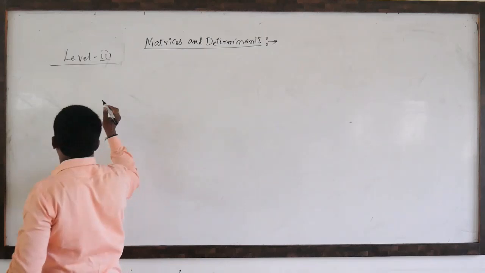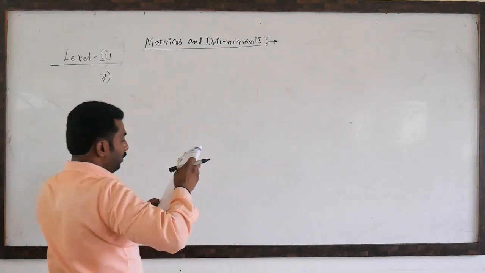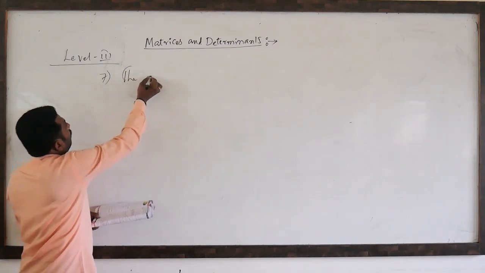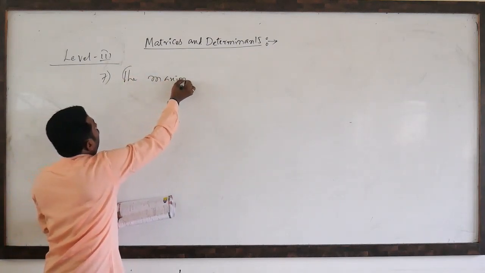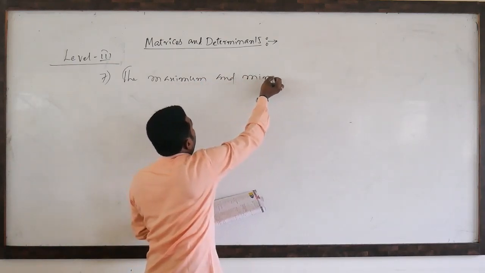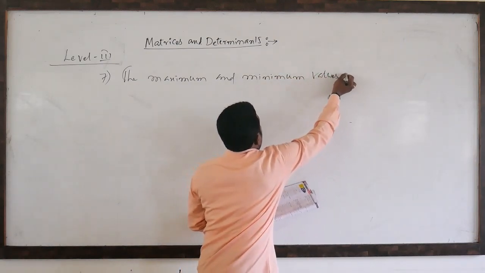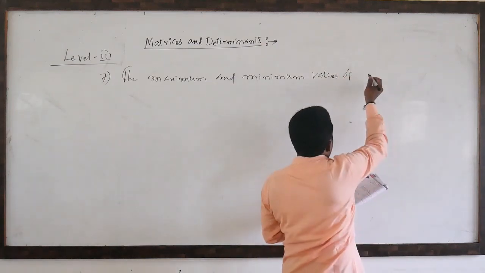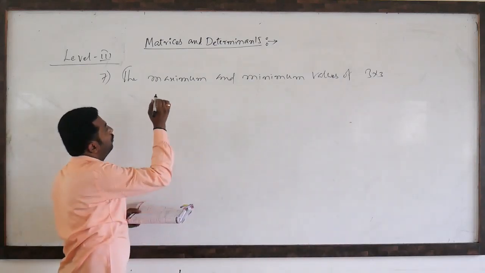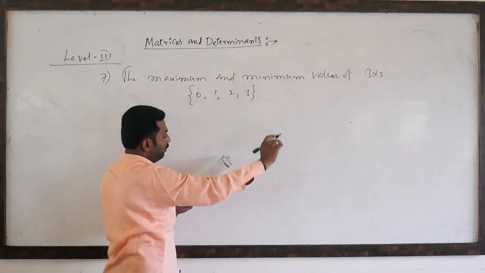Number 7. The question they are asking: the maximum and minimum values of a 3 by 3 determinant whose elements are 0, 1, 2, 3.